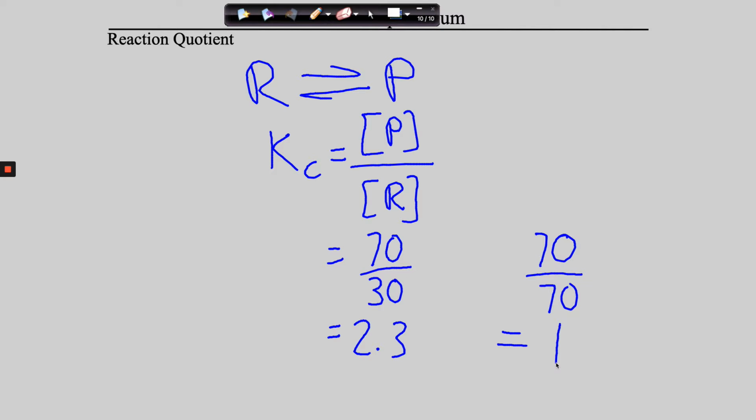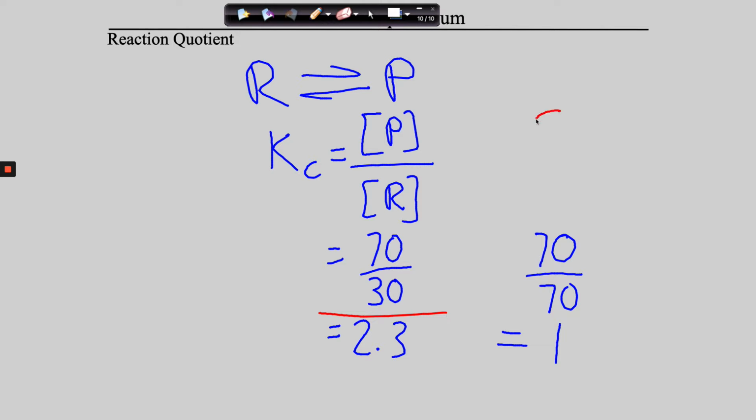Still molar, still concentration. But now we are no longer at the concentrations where this is at equilibrium. Still concentration, but not the equilibrium concentrations. This has a brand new name.